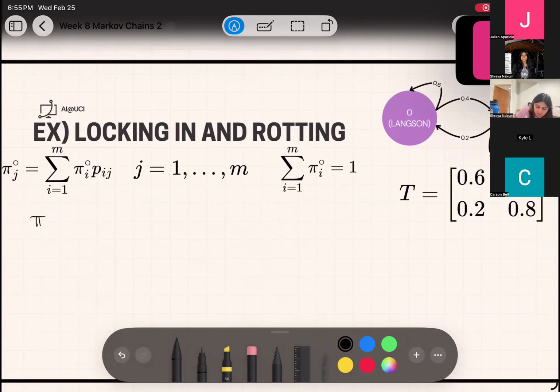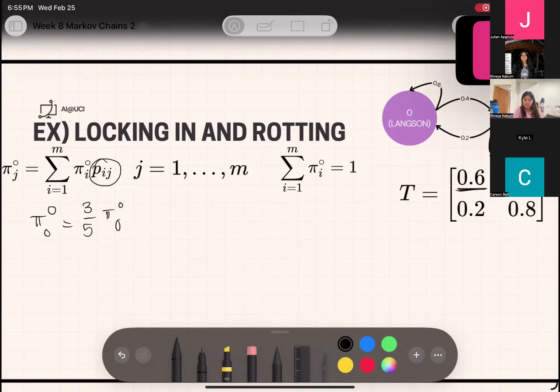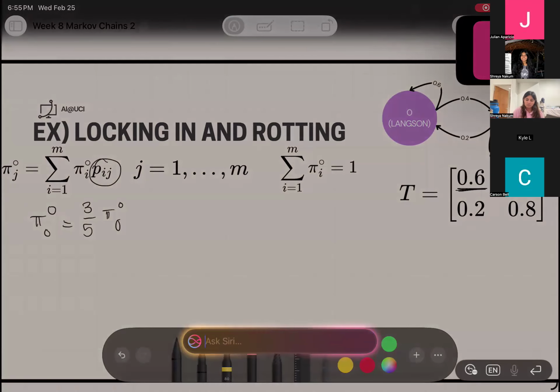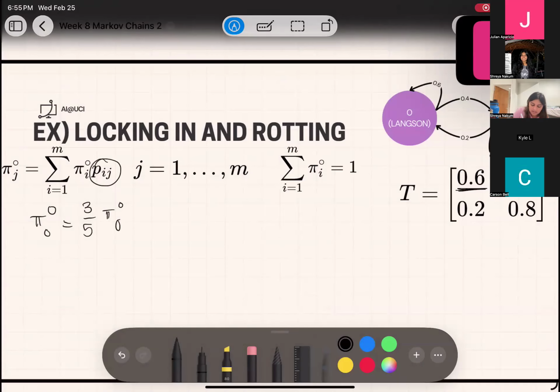So the steady state probability that we're going to be at Langston is going to be equal to the probability that we go Langston to Langston, which is 3/5, times pi 0 because we're talking about going from Langston to Langston.